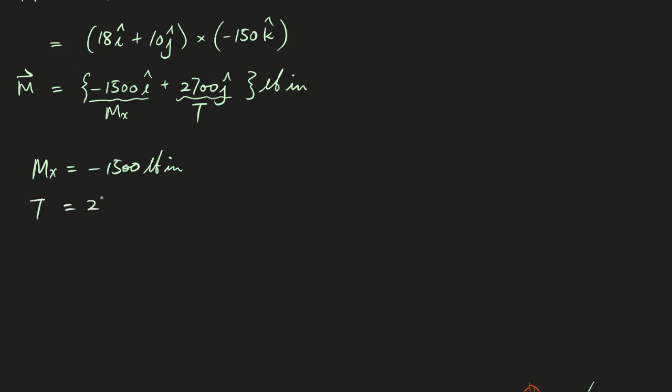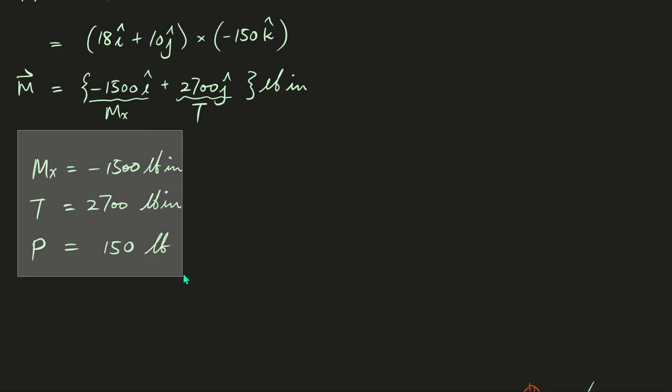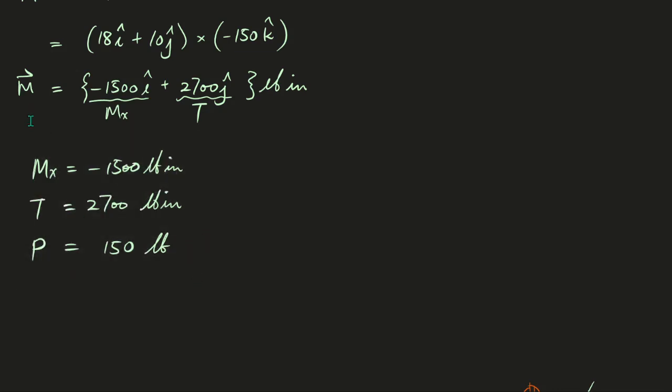Torque is 2700 pound inch. And finally, the force, which is just P, is negative 150 in the k direction, which is just 150 pounds actually. Okay, now we can find all our stresses from these two moments and a force.